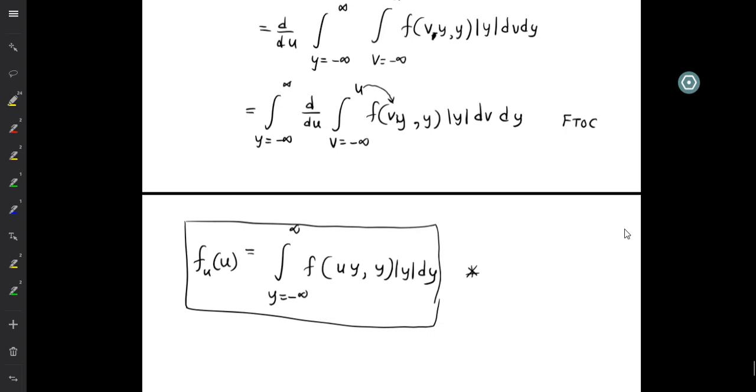Depending on the question, you will be given the density functions of x and y with their limits, or maybe the joint density of x and y with their limits. So you have to write down your correct limits for y and x depending on the final expression, and find the PDF accordingly.